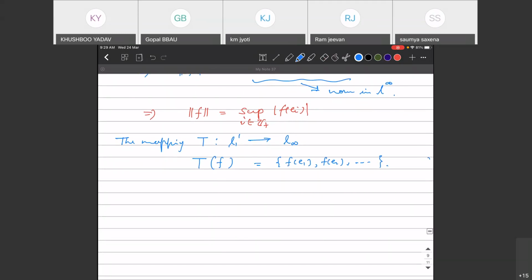This map is linear, bijective, and this means this is an isomorphism. And it preserves the norm. Isometry. Okay. So T is an isomorphism because it is linear and bijective, and it preserves the norm. Correct?